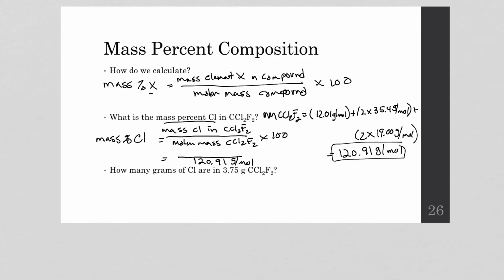But I've already done this because I have the parts here, right? So I have 12 from the carbon, I have 2 times the 35.45 grams per mole. So this is going to give me 70.90 as the amount coming from the chlorine. So we're going to have 70.90 grams per mole over 120.91 times 100.